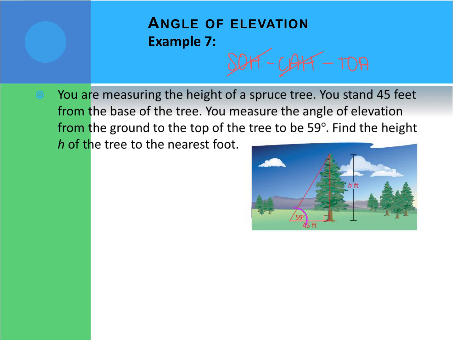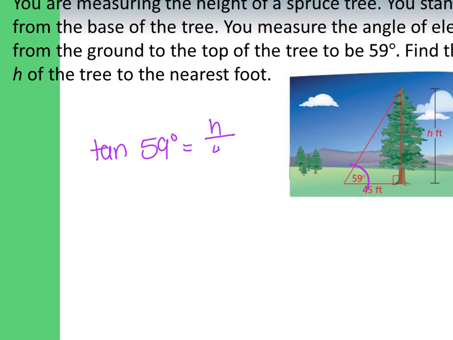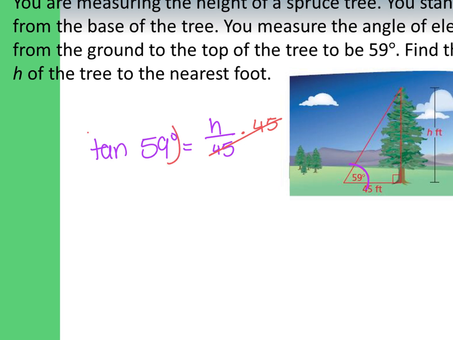So right now I have tan 59 equals, what's the opposite side to 59? H. Good. What's my adjacent side to 59? Good, 45. So how am I solving for h? What do I have to do to both sides? Multiply by 45 on both sides. Good. Multiply that side, multiply this side.